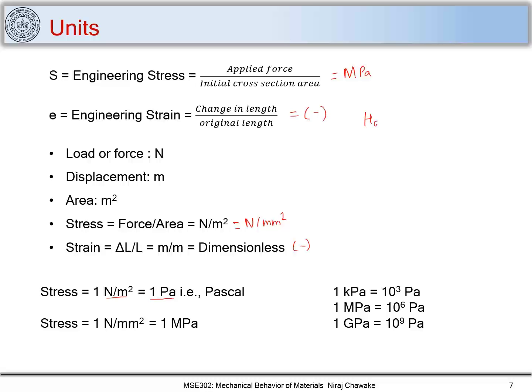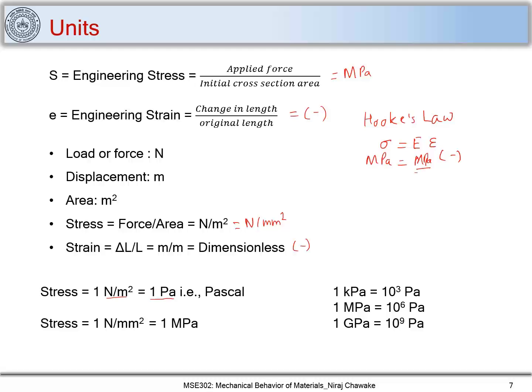So when I consider Hooke's law, which is nothing but stress related to strain through Young's modulus, the unit of stress is MPa. The strain remains dimensionless, and E remains in MPa.